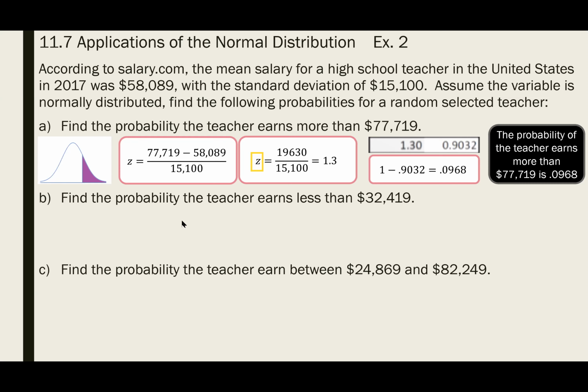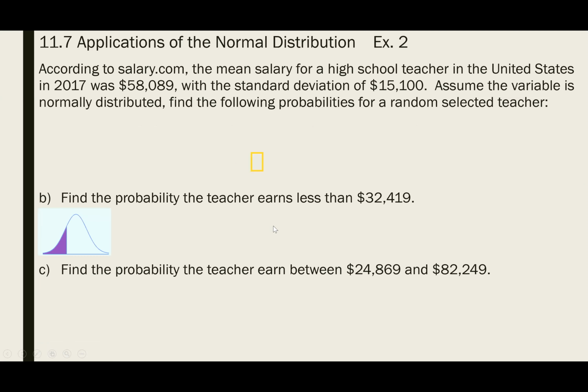Same thing goes for B. For B, find the percent of teachers earning less than 32,419. What is the less than? The less than is anything to the left of 32,000, and that's where I belong, right? I make less than 32,000. Just kidding. But anything to the left, smaller than 32,419, is the item to the left.